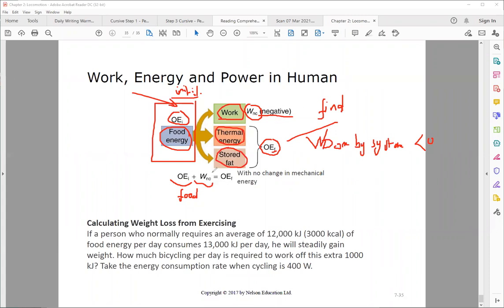Now, this is going to be a negative work, is equal to other energies final. Again, other energies could be either thermal energy, or something that is stored, with no change in mechanical energy.